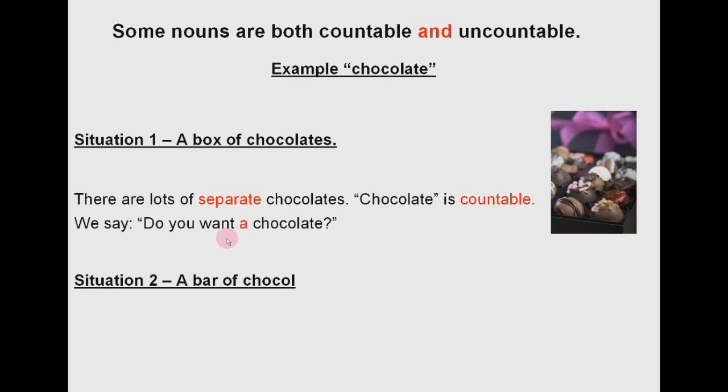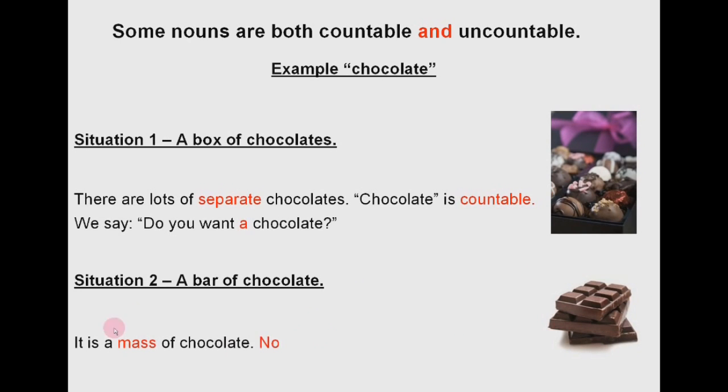But in a different situation, where we are talking about a bar of chocolate, like here, that is different. This time, it is a mass of chocolate. It is not separate. Chocolate in this example is uncountable.